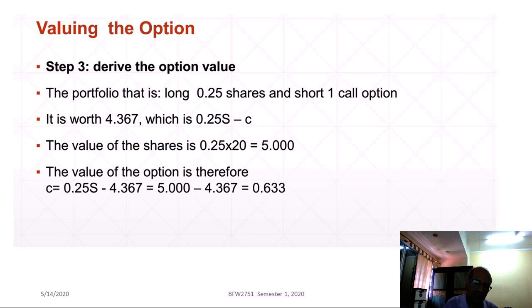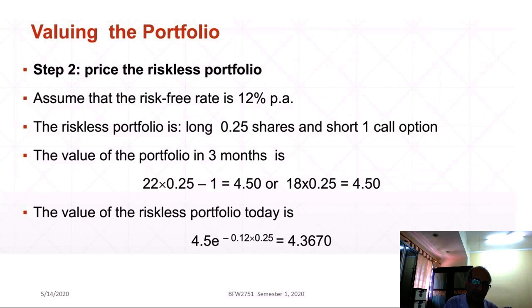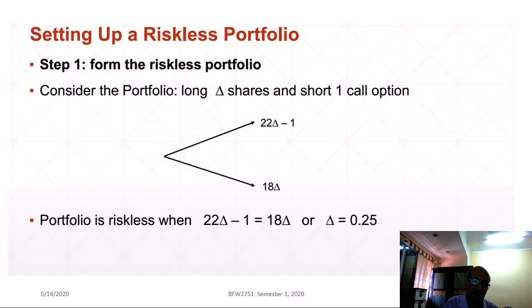Slowly you see these 3 steps. Let us look back. Step 1 is to construct the riskless portfolio. You must have this carefully structured. Up is 22 times the number of shares, minus 1 is the value. Down is 18 times delta. So these two must give you equal outcomes, no arbitrage.